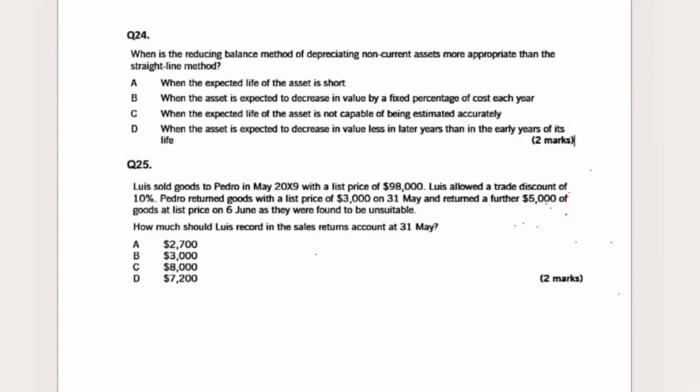Number B, when the asset is expected to decrease in value by a fixed percentage of the cost each year. Number C, when the expected life of the asset is not capable of being estimated accurately. And number D, when the asset is expected to decrease in value less in later years than in the early years of its life.